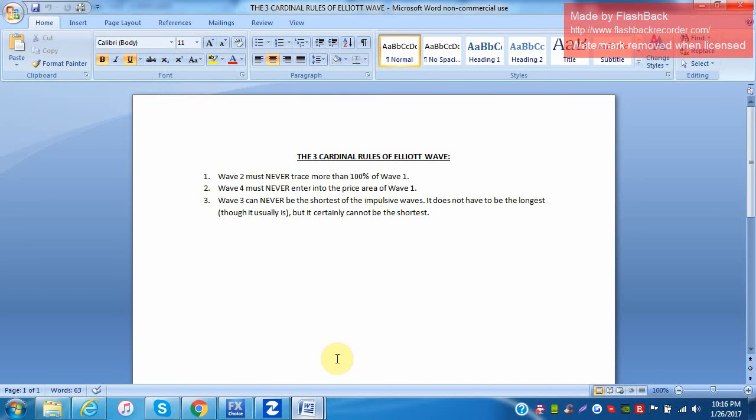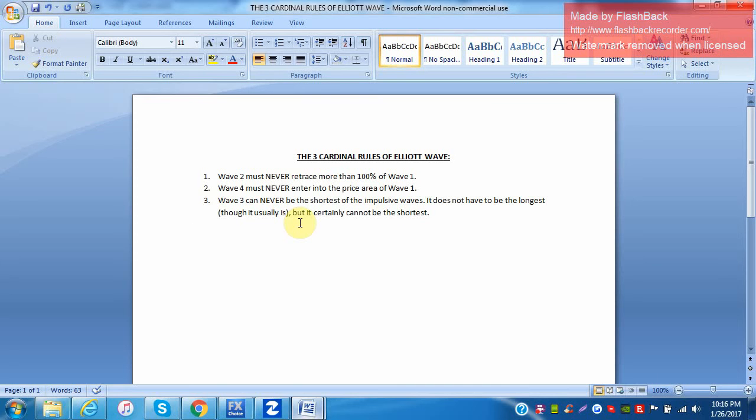Number 1, wave 2 must never retrace more than 100% of wave 1. Wave 4 must never enter into the price area of wave 1. And wave 3 can never be the shortest of the impulsive waves. It doesn't have to be the longest, although it usually is, but it certainly cannot be the shortest.